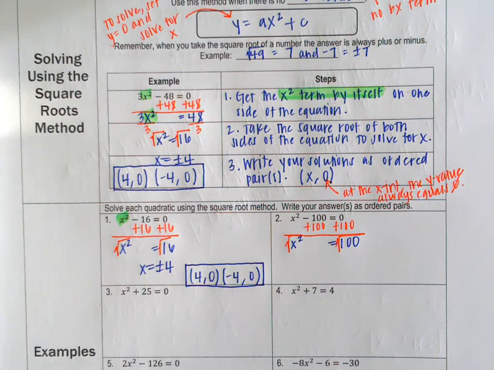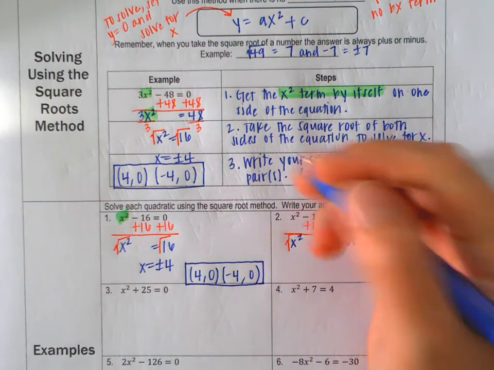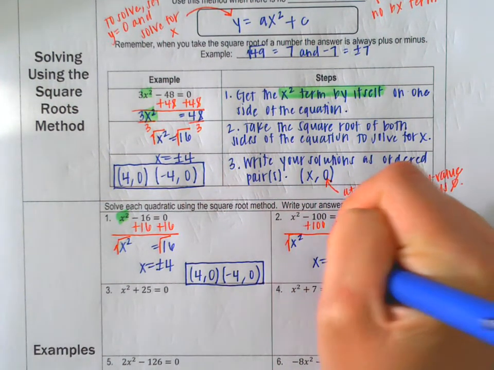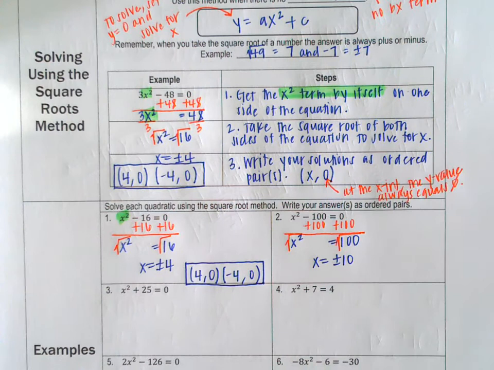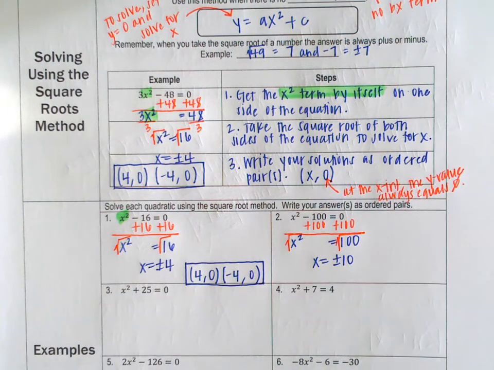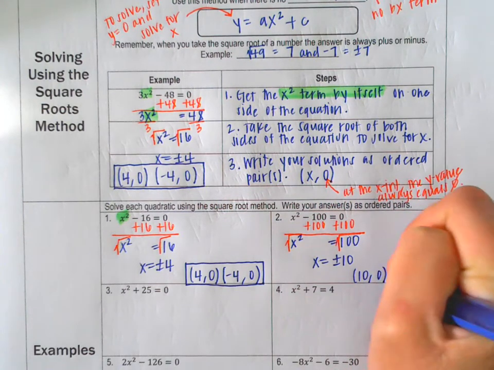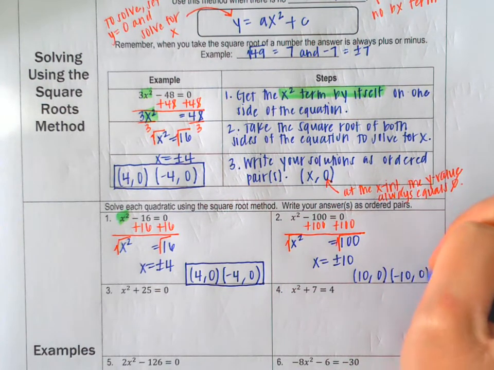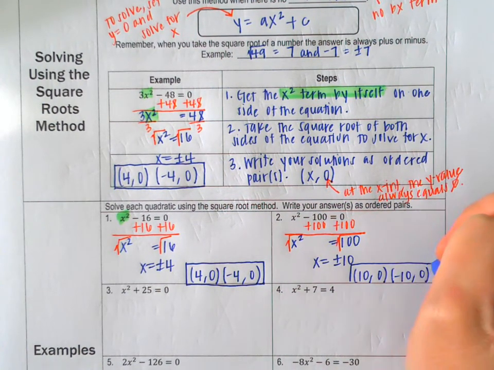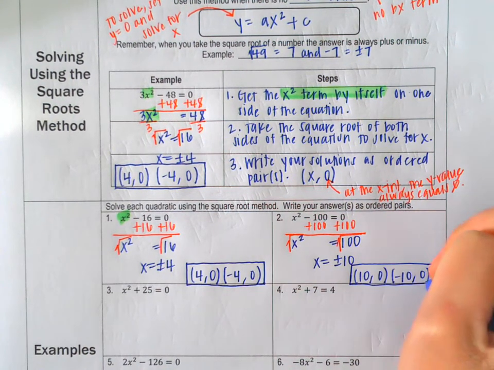And if you thought square root both sides, you would be correct. And then I think, what's the square root of 100? The square root of 100 is plus or minus 10. So written as ordered pairs, that would be 10, 0 and negative 10, 0. And that is it.